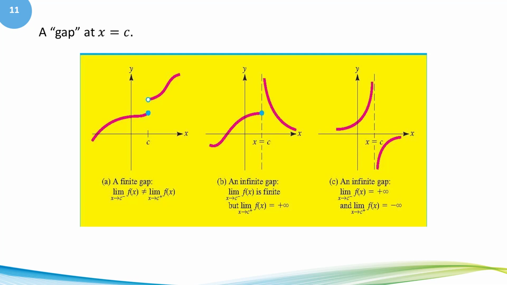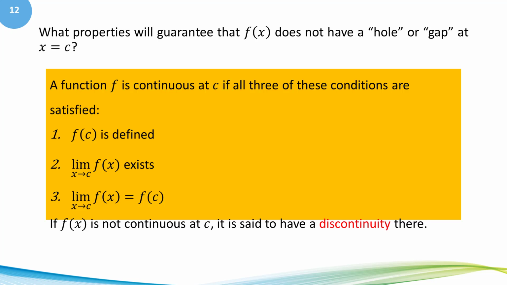So for the function to have no holes or gaps, we now define continuity mathematically. There are three things we need to check to see whether f is continuous. The first is f(c) must be defined. The second, the limit must exist. And the third, they coincide. If one of them is not fulfilled, then we call f discontinuous at c.